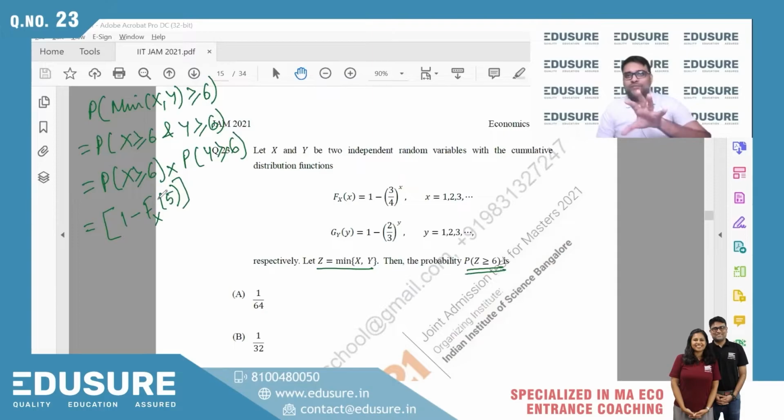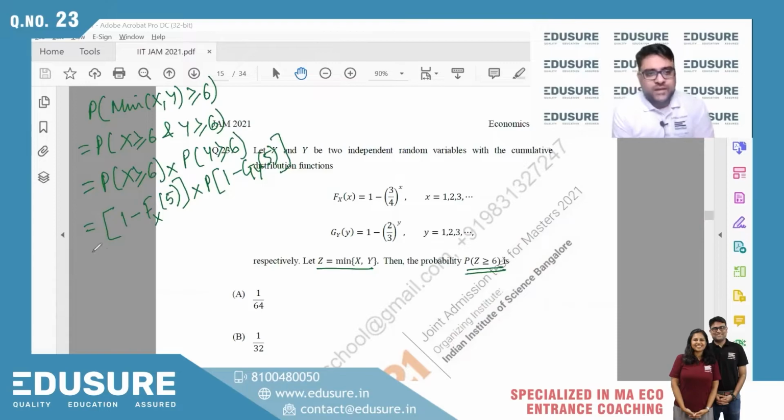If I subtract 1, 2, 3, 4, 5, I will get the value of 6 and above. Similarly, if I subtract for 5, I'll get the value of 6, 7, 8, 9 and above. Is this understandable? If it is understood, then please raise your hand. I am trying to explain very slowly and in a very simple way.